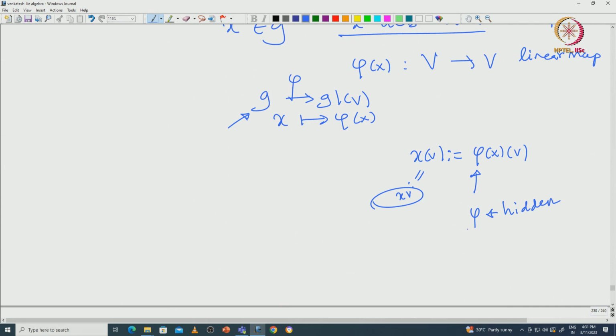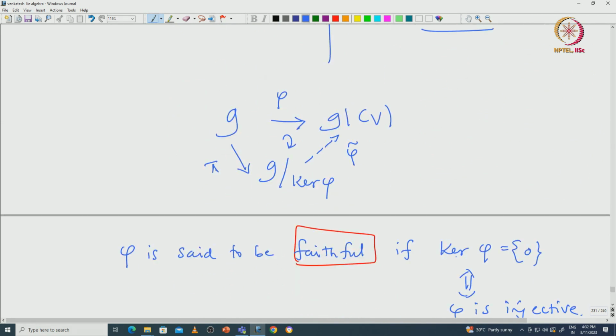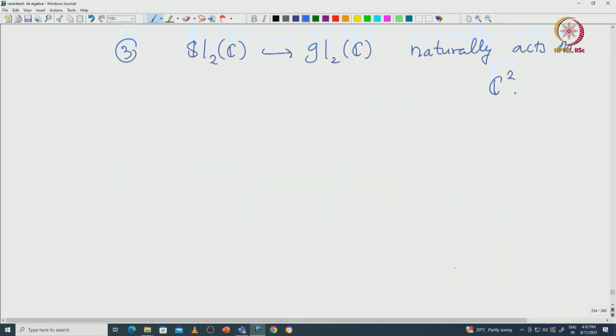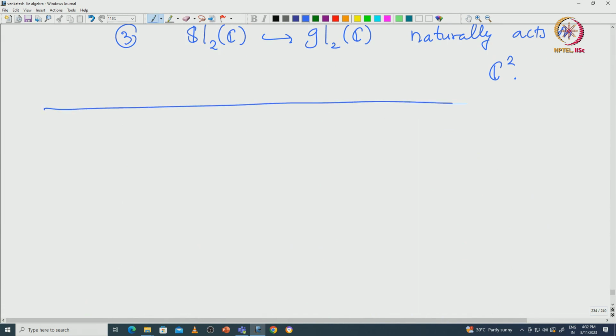Here is the equivalent version of defining. Let us see what happens if you start with a representation, which is what motivates us to define this. So, you have phi from G to GL of V.